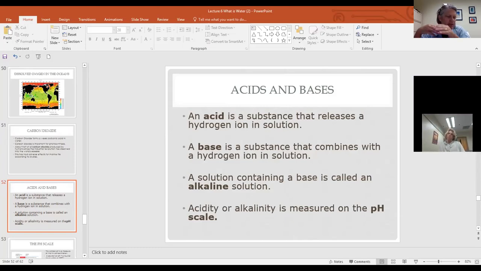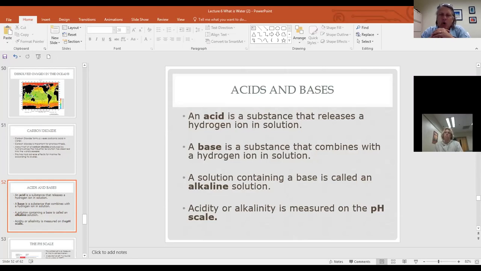All right, let's back it up a second. An acid is a substance with a hydrogen ion that is available for reaction. A base is a substance with a hydroxide or hydronium ion ready for reaction. Hydrogen ion is H+.